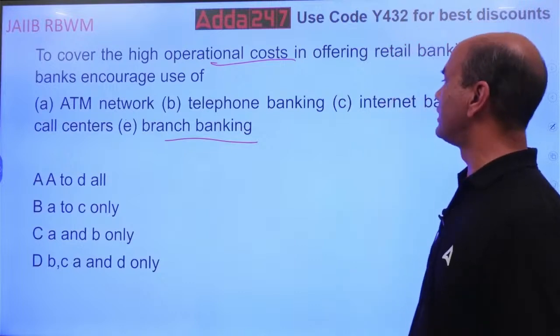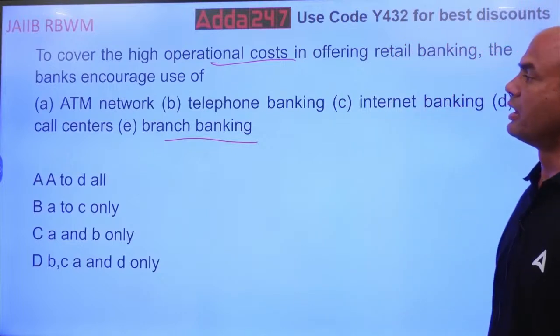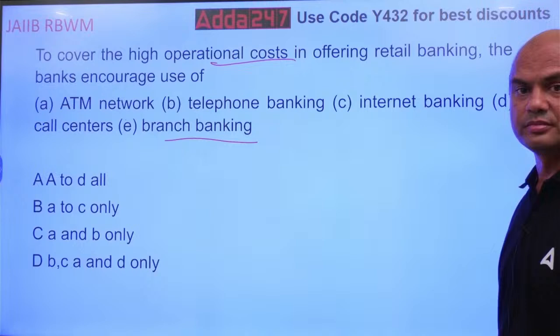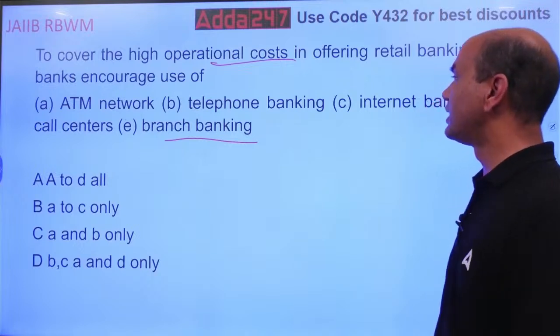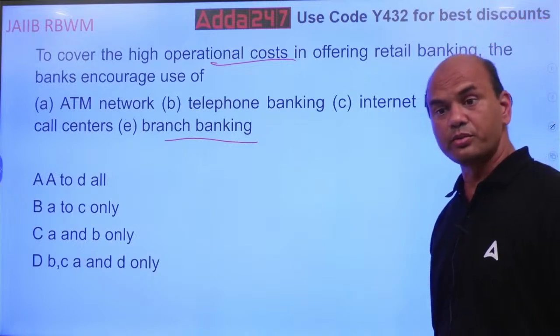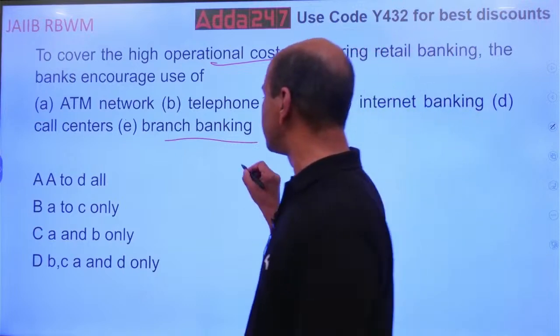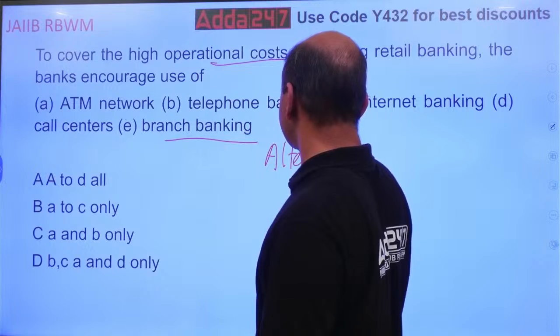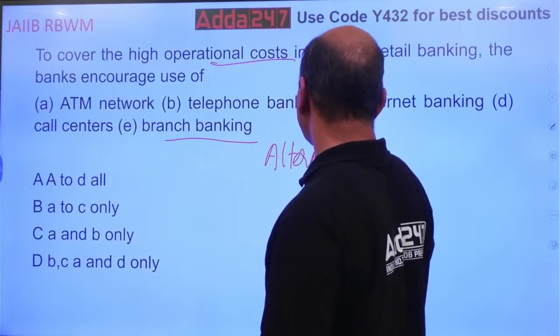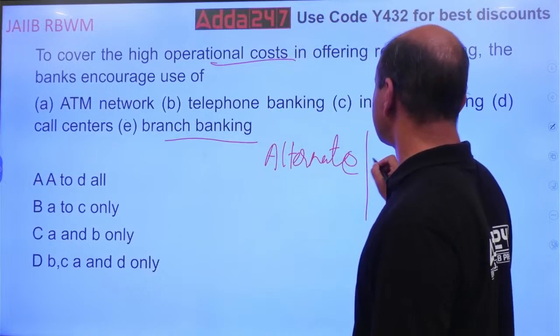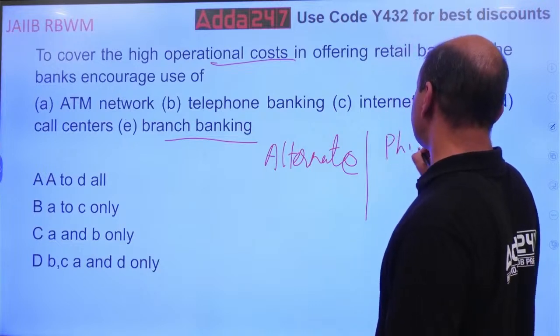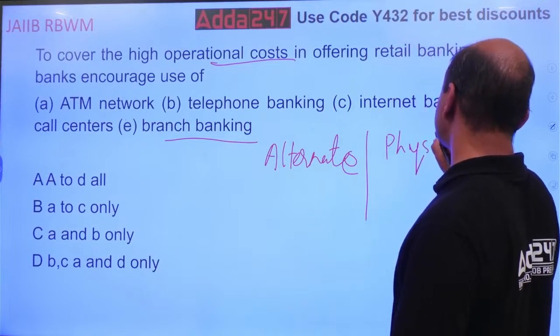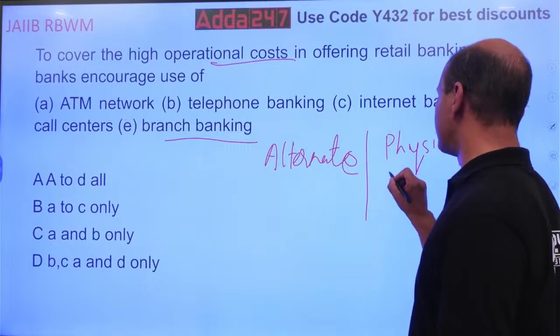What about ATM, telephone, internet and call centers? That is true. Because these are all alternate channels here. Everything, the fight is between the alternate channels and physical channels. What are the physical channels? Branch.